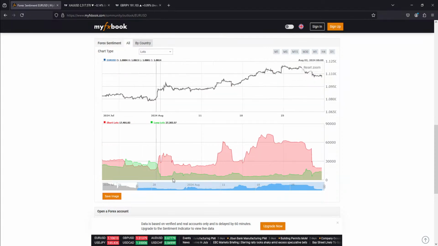Yeah, so if you look over here, at this point of time the sellers were increasing in EUR/USD, right? At this point, the sellers and buyers were equal, so the market was flat. But suddenly there is an extreme increase in sellers, right? So at that point of time, when the sellers were increasing, as you can see on the chart, it's going up.